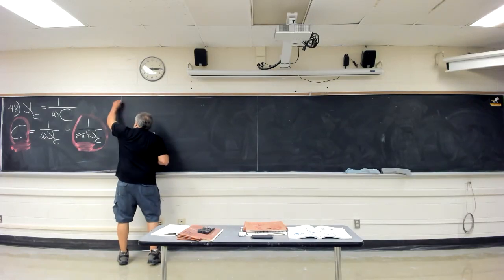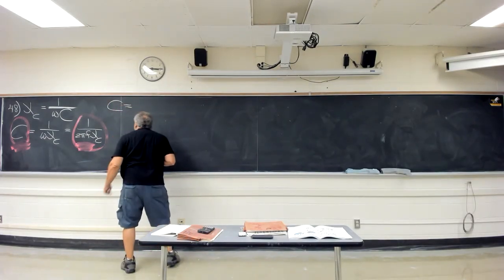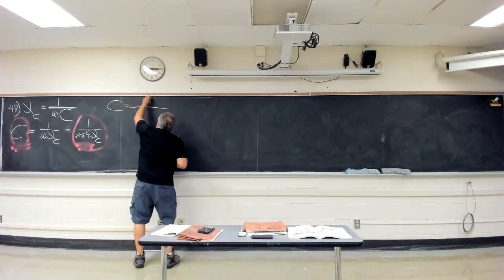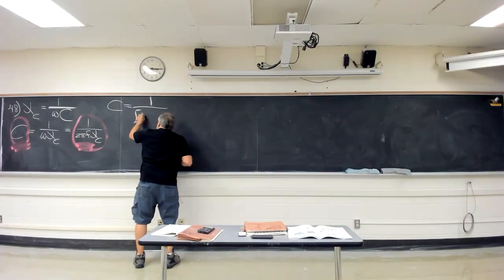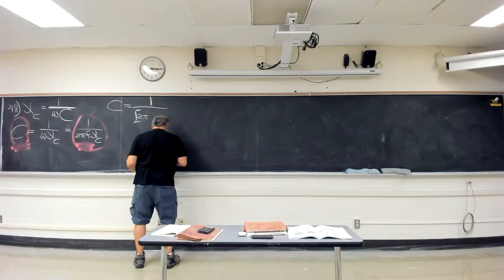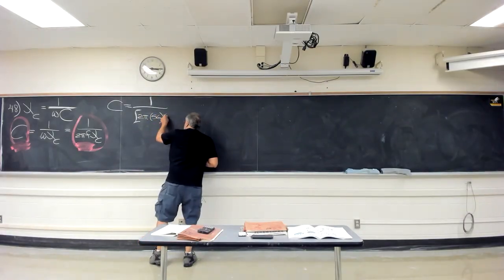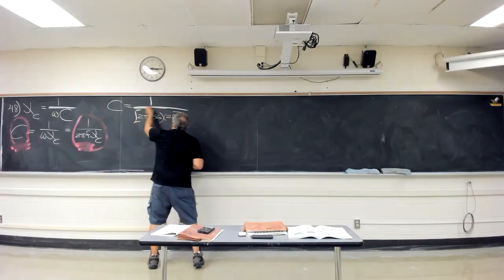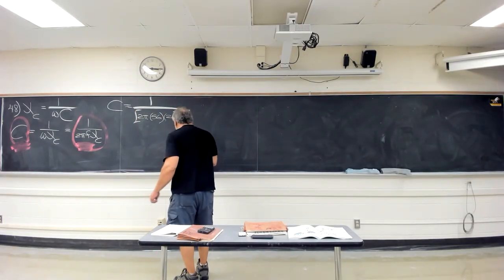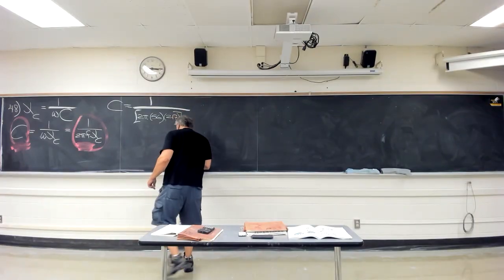At that point, guys, C is going to be 1 over the product 2 times pi times 56 times 217. And that's it.